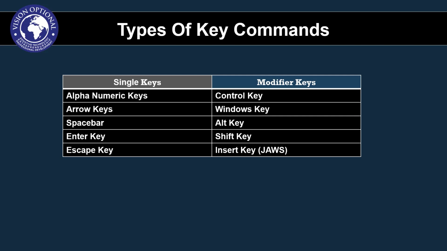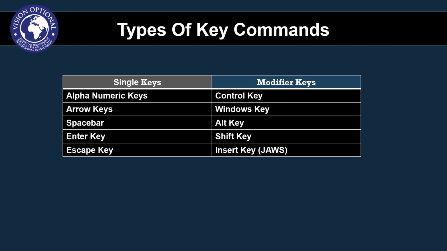And key combinations introduce the concept of a modifier key. A modifier key is a key that changes the behavior of another key. Examples of a modifier key would be your control key, the Windows key, Alt key, Shift key, and a JAWS-specific modifier key, which is the insert key.